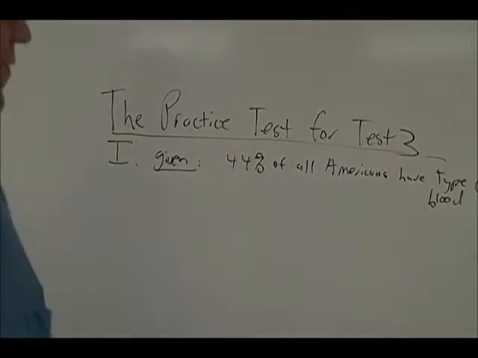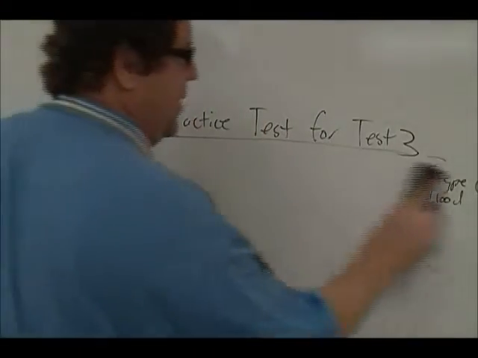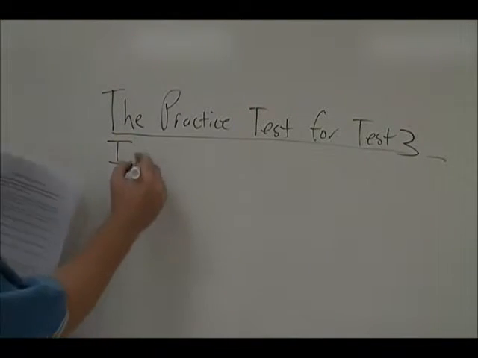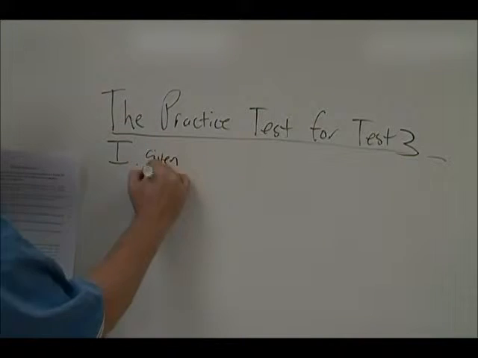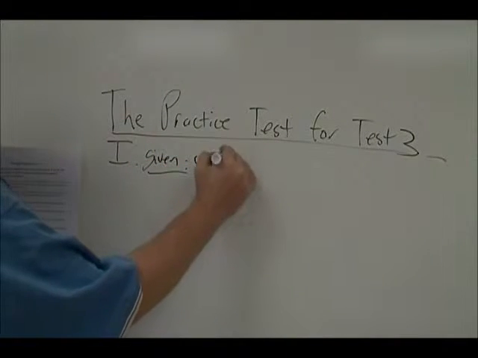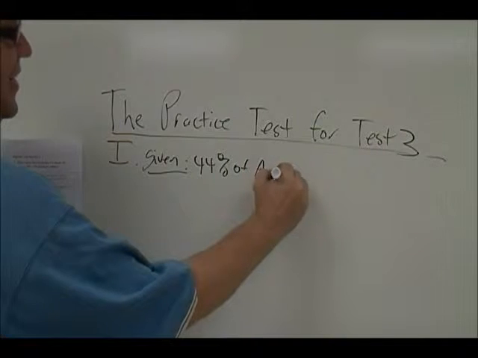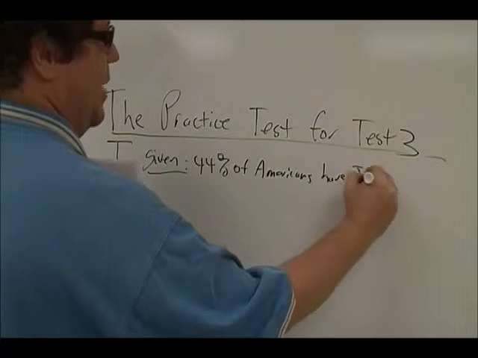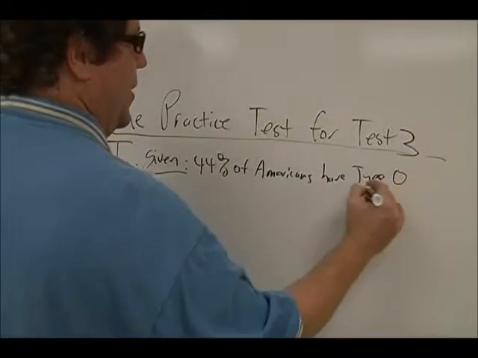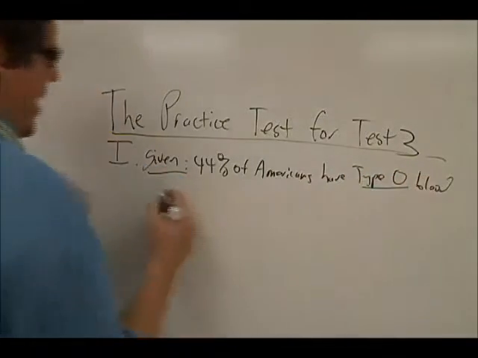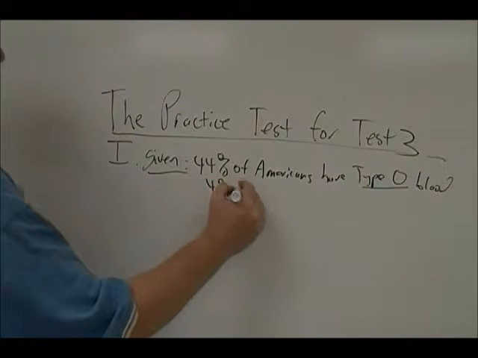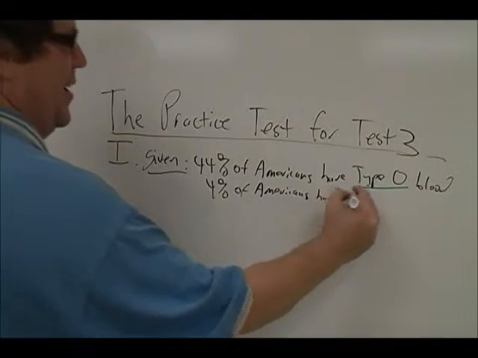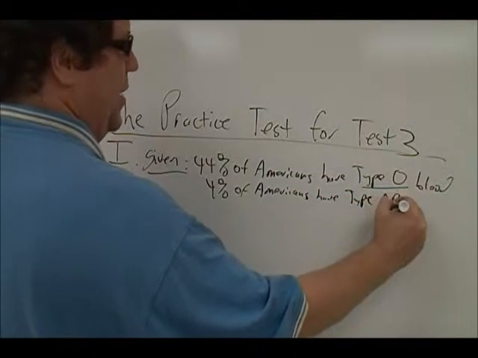Well, I'm going to have to rewrite. We have a limited window here, so I'm going to have to write a little smaller. Given 44% of Americans have type O blood, and 4% of Americans have type AB blood.